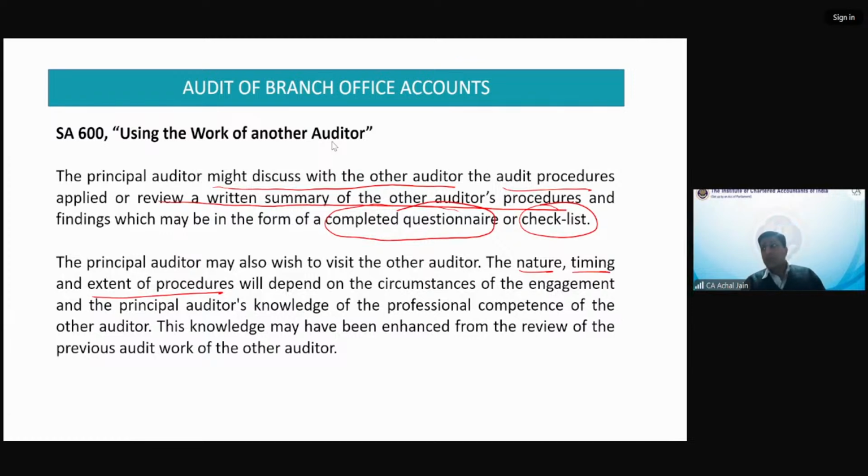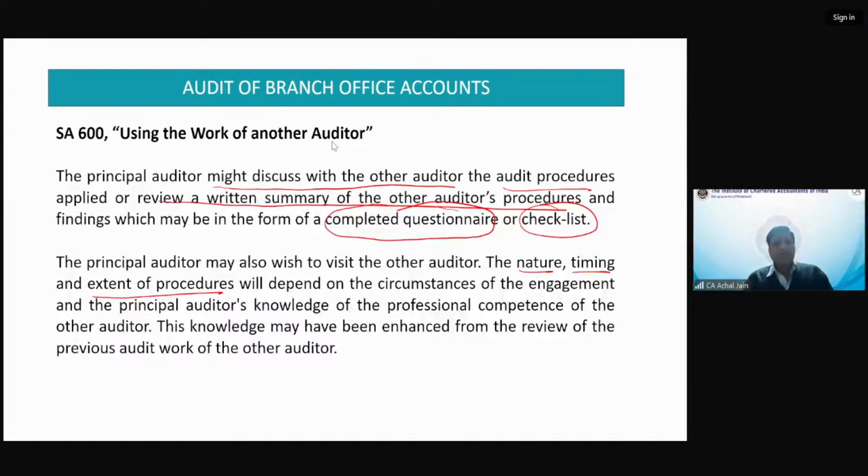And of course, if he wants to, he can audit that component independent of what the component auditor has done. It will not be a full-blown audit in totality, but anything add-on that he wants to top up can always be done.